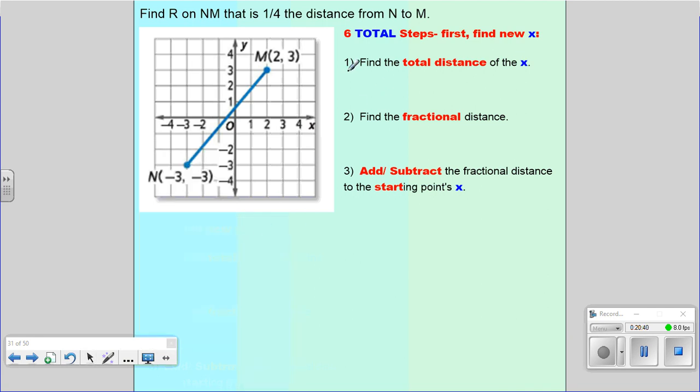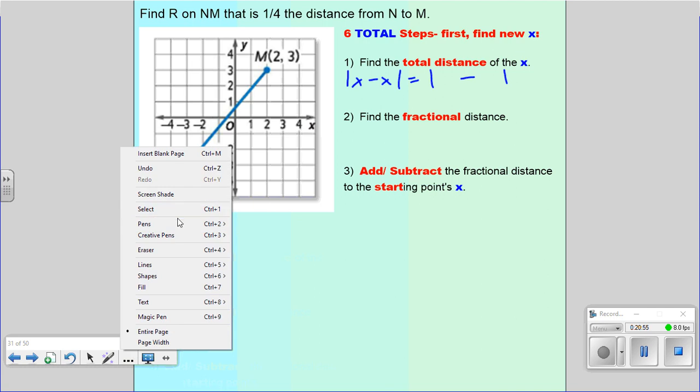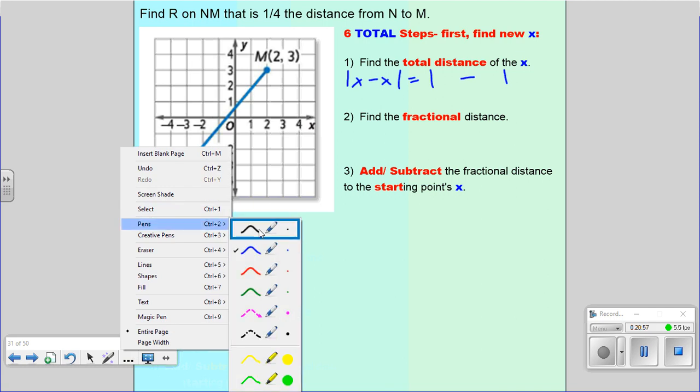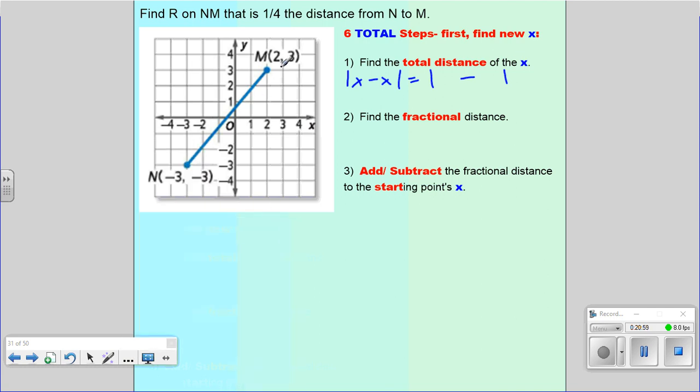So again, it's the absolute value of x minus x. Order doesn't matter, but I recommend using the rightmost one first. So when I look at the ordered pairs for N and M, M is on the right, and its x value is 2.